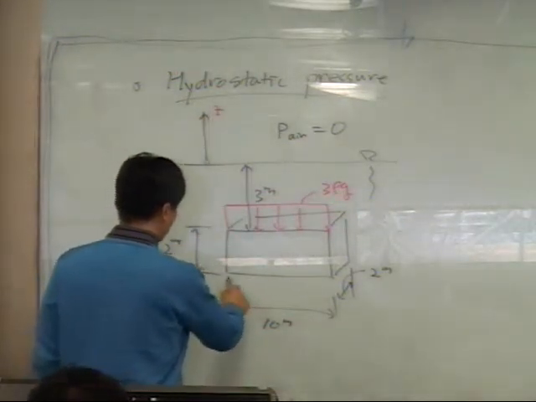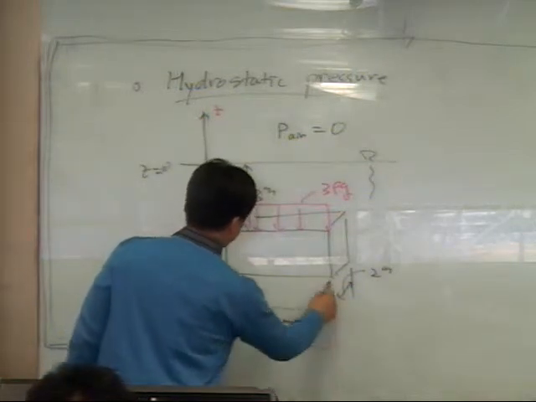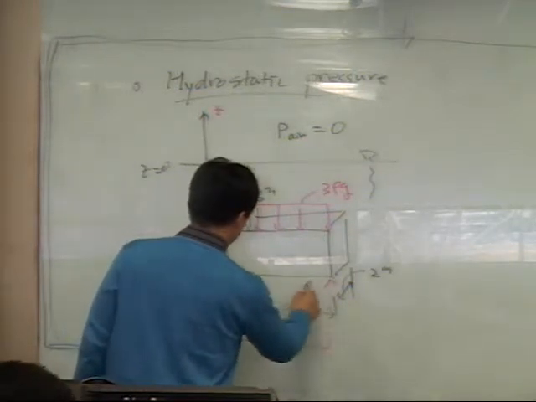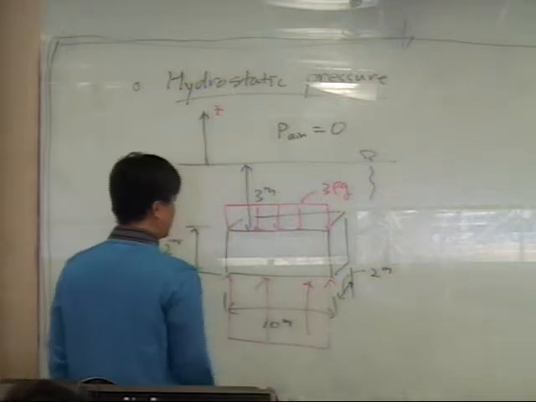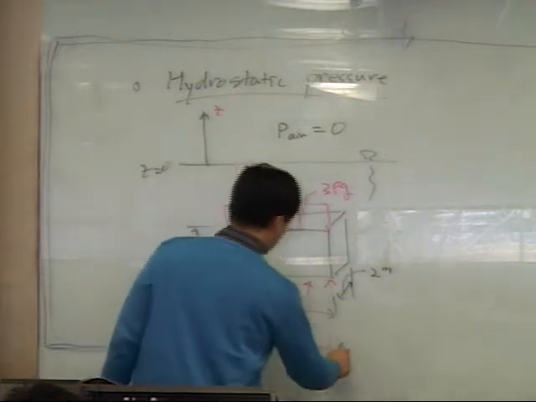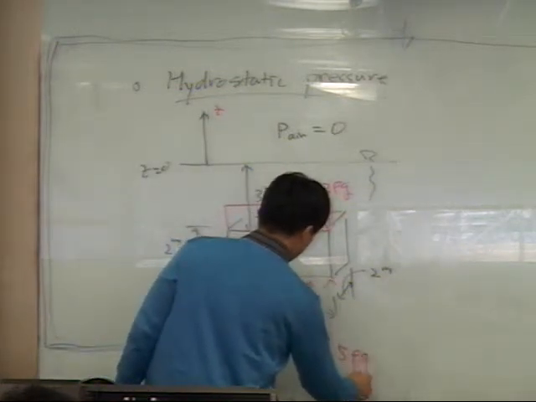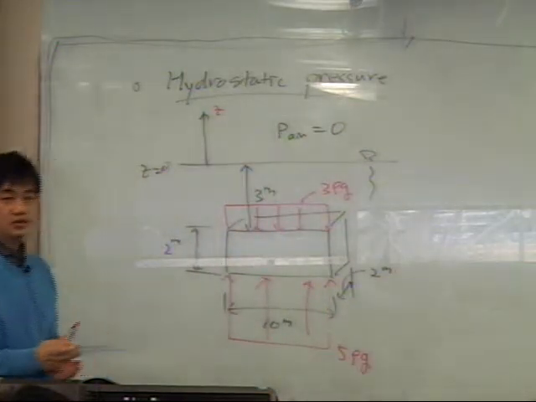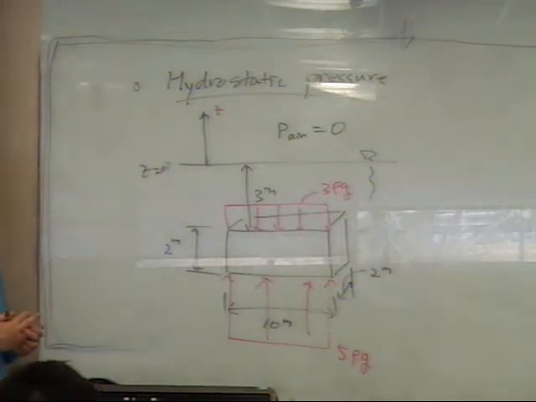Okay, how about here? Here we're going to have a much bigger pressure, 5 rho g. This is going to be pressure upward.